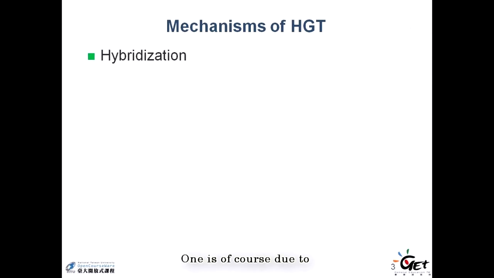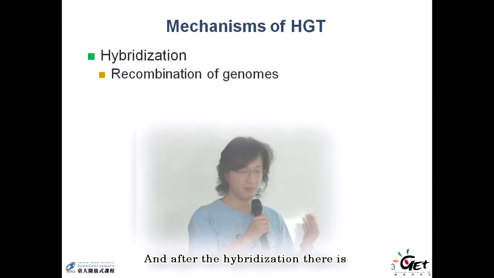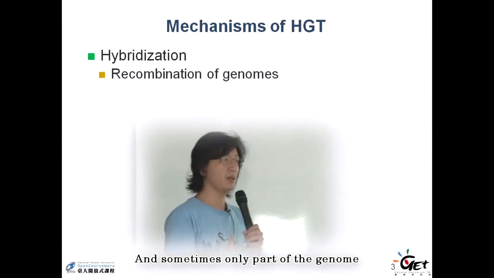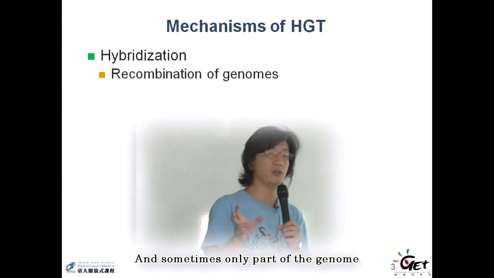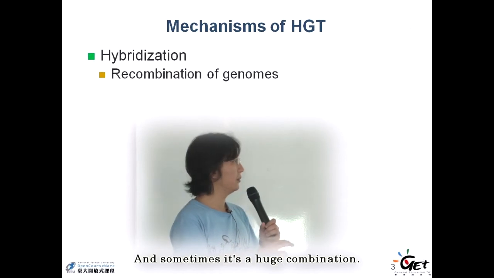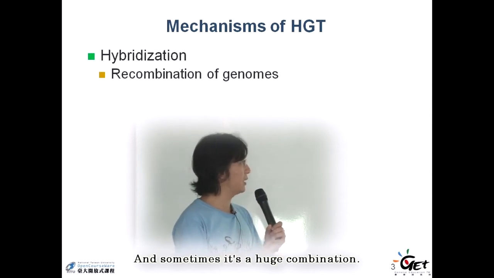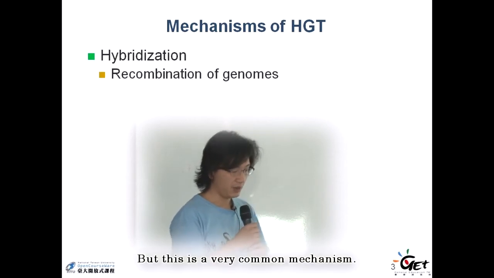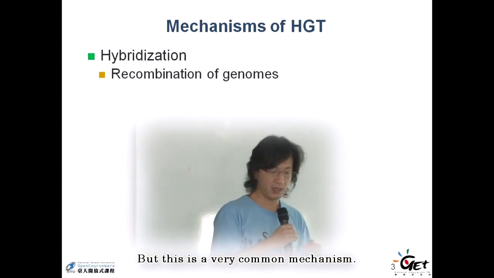One is, of course, hybridization events, or transformation and conjugation in bacteria. After the hybridization, there is some recombination of genomes, and sometimes only part of the genome will be taken up into your own genome, and sometimes it's a huge combination. So it also depends on the scale, but this is a very common mechanism.